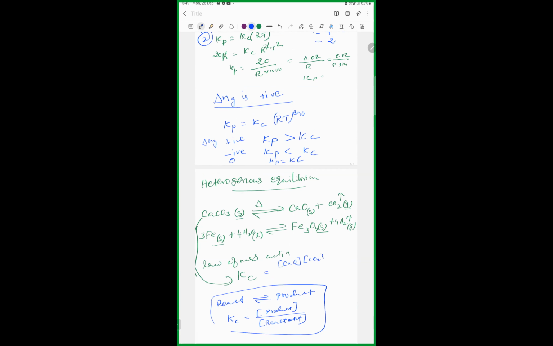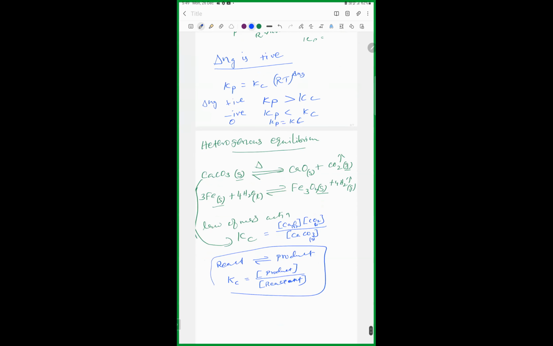Concentration of CaO and concentration of CO2, divided by the concentration of CaCO3. Now look, calcium oxide is a solid, carbon dioxide is a gas, calcium carbonate is a solid. When you apply Kp, the Kp depends only upon the partial pressure of carbon dioxide.